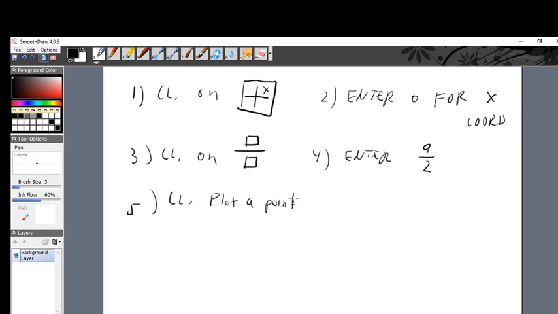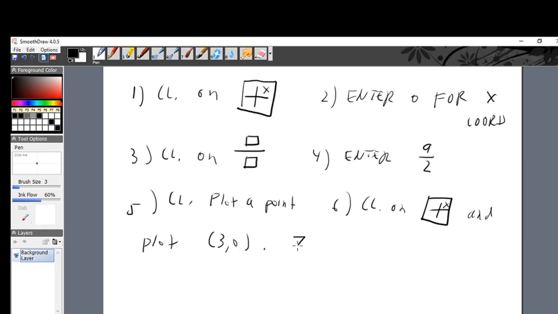Click it. Number 6, click on plot a point, then click on this icon again, and plot the next point. What should you plot? Plot the point 3, 0.